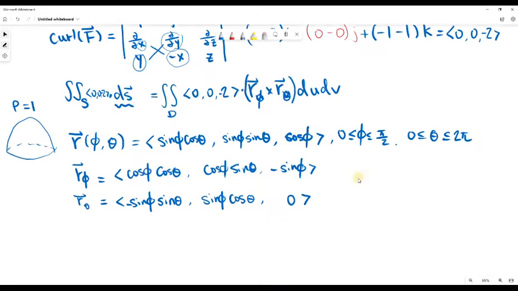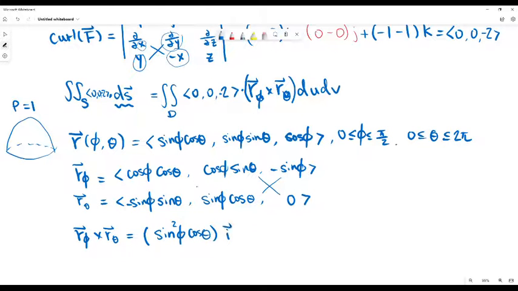Then we're going to do the cross product again. Right, and the cross product again needs the i, j, k terms. My first one is these two subtracting each other. That would be 0 minus a negative sine squared phi cosine theta.